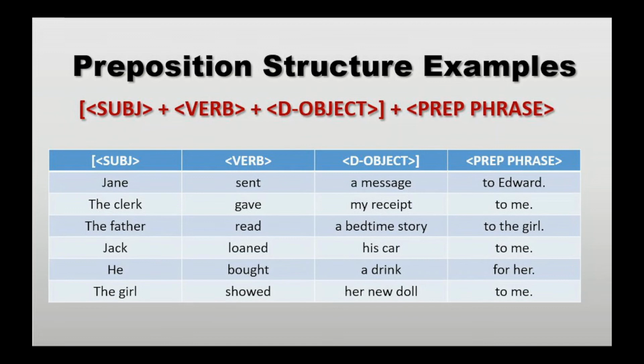The father read a bedtime story to the girl. Jack loaned his car to me. He bought a drink for her. The girl showed her new doll to me. Could you catch it? Could you catch that break there?